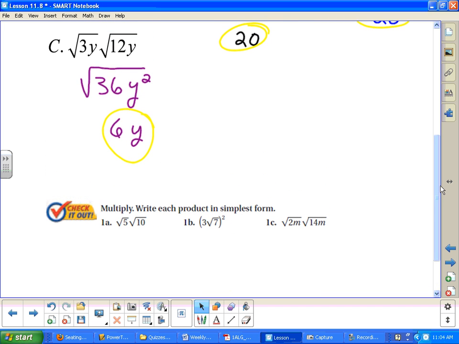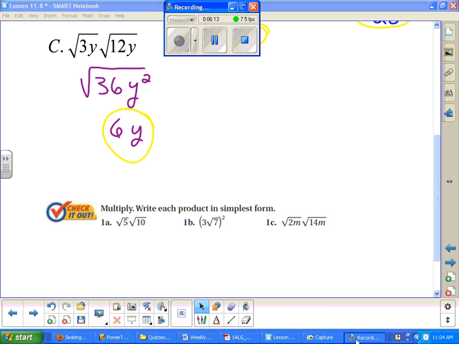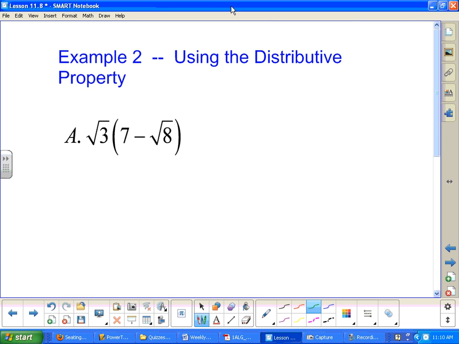All right. So, using the distributive property. Now, everybody knows how to use the distributive property, right? Whatever's on the outside, we multiply by everything on the inside. So when we do this with radicals, we have to be careful the way we do it.